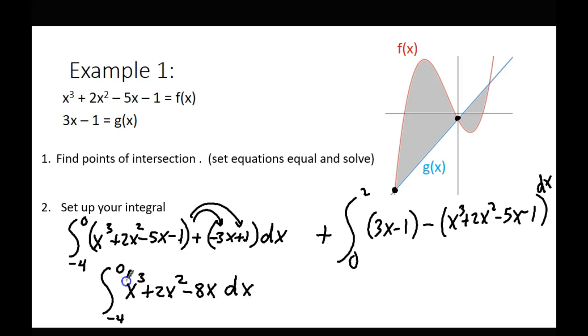And we're good. Now this one over here, it's the same thing, it's just written backwards, right? So it's going to be the same thing, it's just that all the signs are going to be opposite. Okay, so on this side over here, it's going to be negative x cubed minus 2x squared plus 8x.